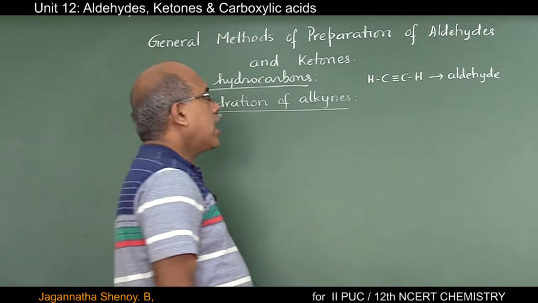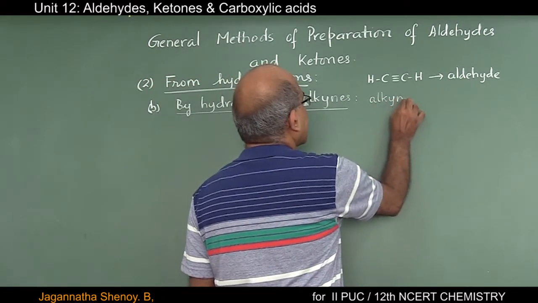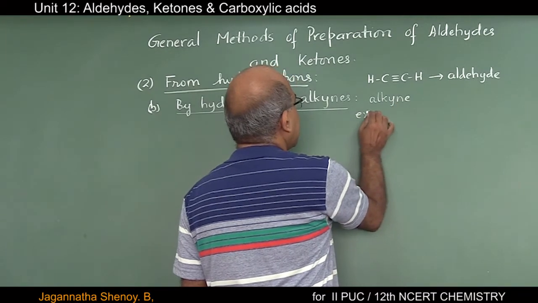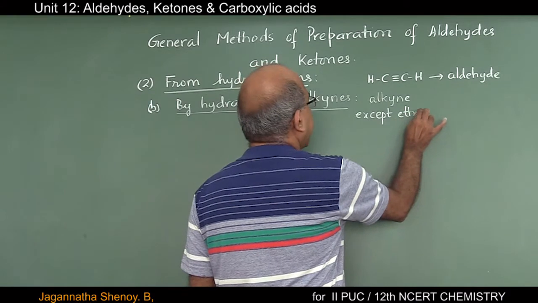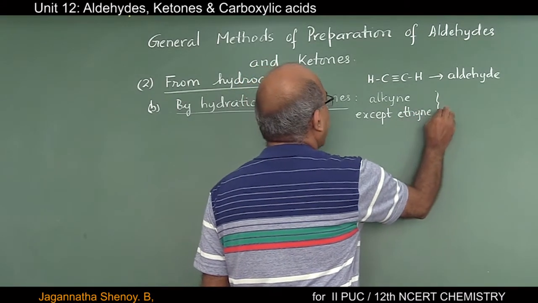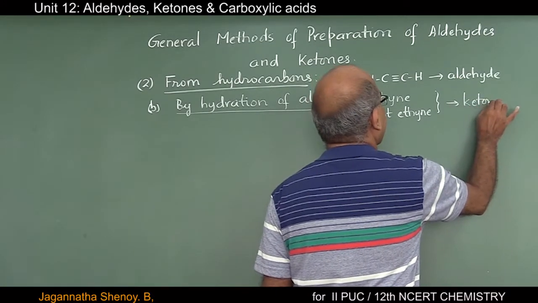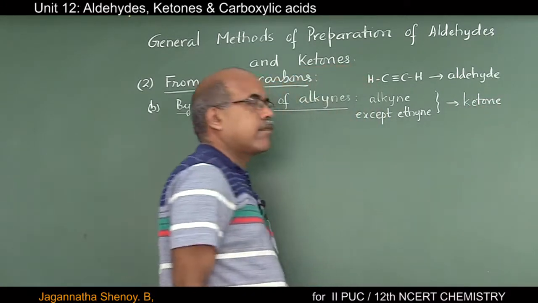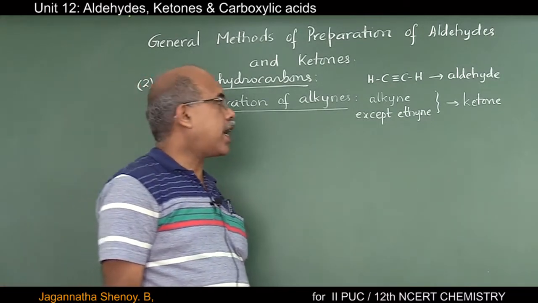On the other hand, if you make use of an alkyne except ethyne, the product obtained is always ketone. You know about the reagents that are used to bring about this reaction.